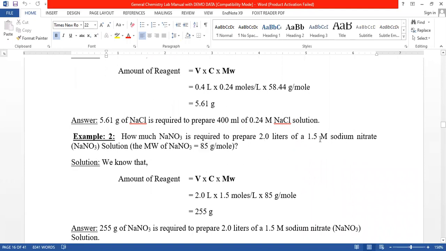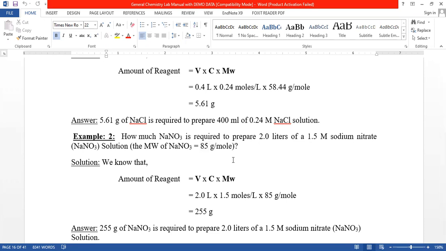Volume is 2, concentration is 1.5, and molecular weight is 85. So we need 255 grams of sodium nitrate, and if we dissolve this amount in 2 liters of water, then the concentration would be 1.5 molar.